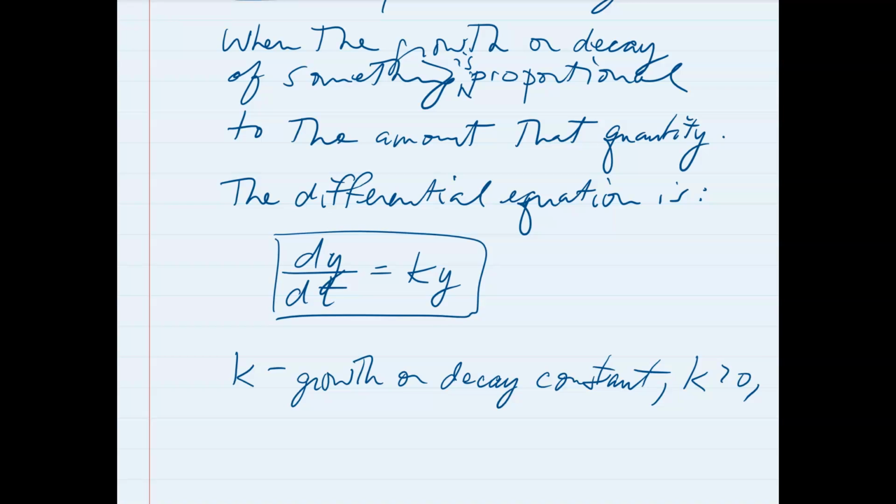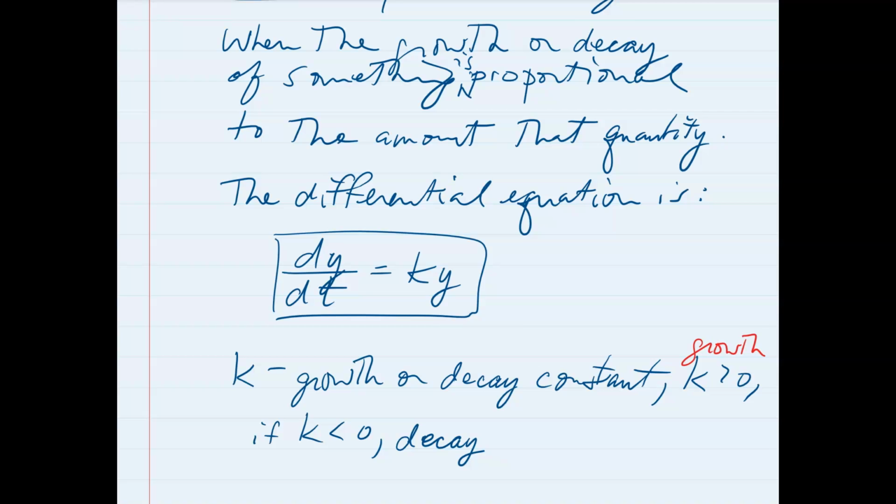But if k is greater than 0, you will have a growth exponential, and if k is less than 0, we have decay. And just let me add a little note here. This is growth when k is positive, like that.